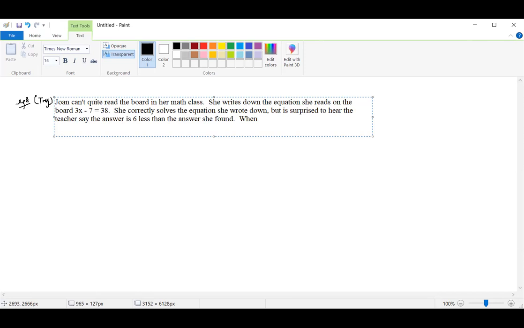When she asked the teacher to check, the teacher says that Joanne copied the coefficient of x incorrectly. Okay, but everything else is correct.